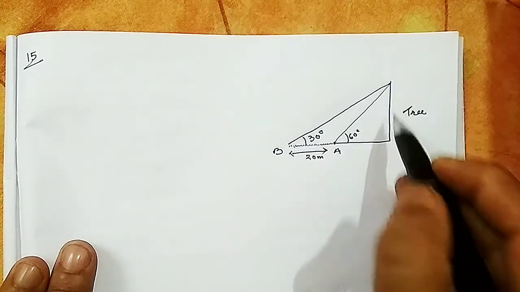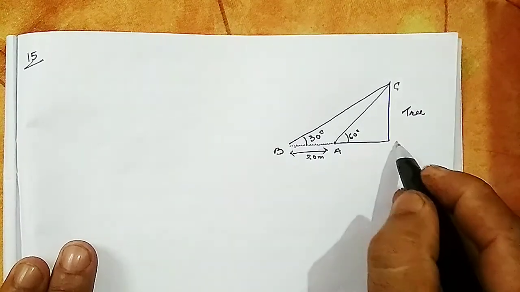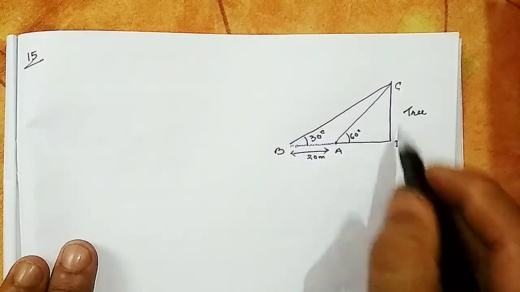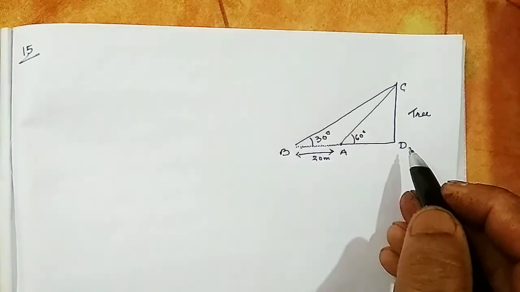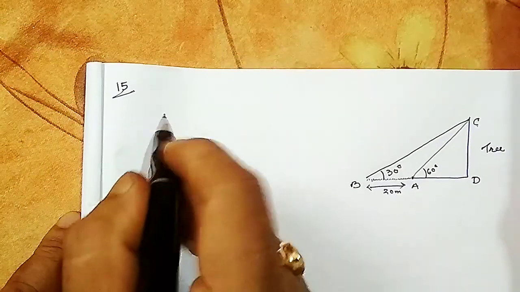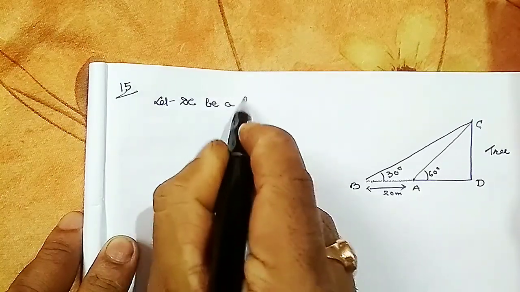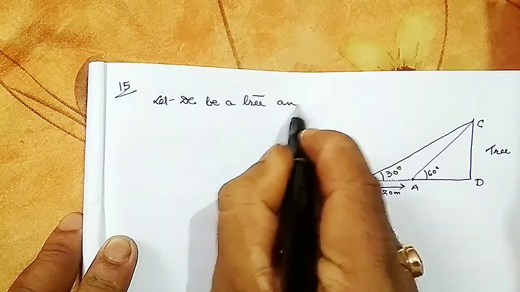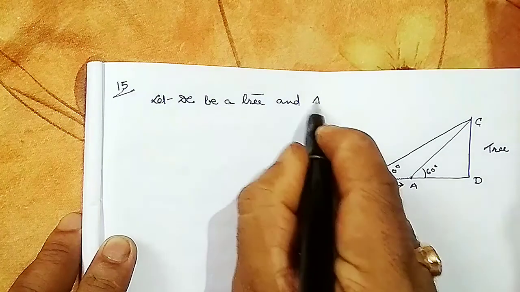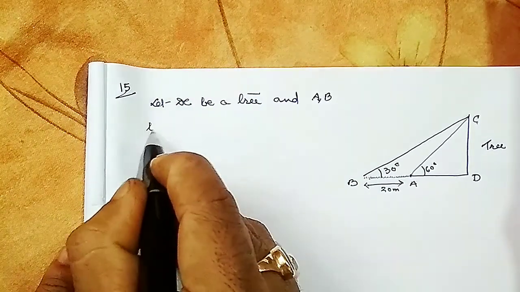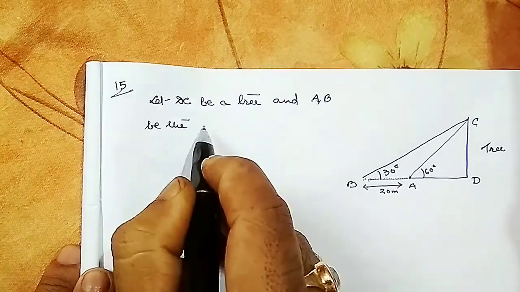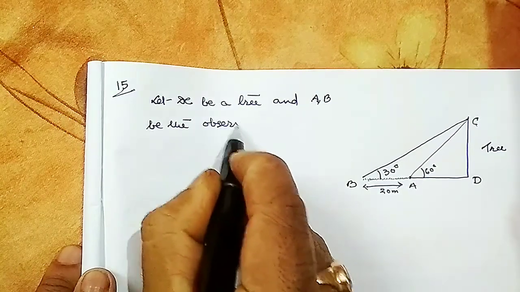Suppose this part is C, this part is D. We have to find the height of the tree, that is DC is to be calculated. So here we can write, let DC be a tree and A and B be the observation points.